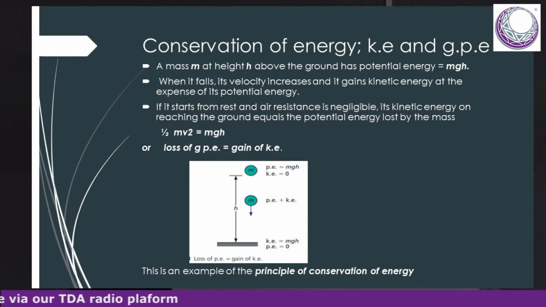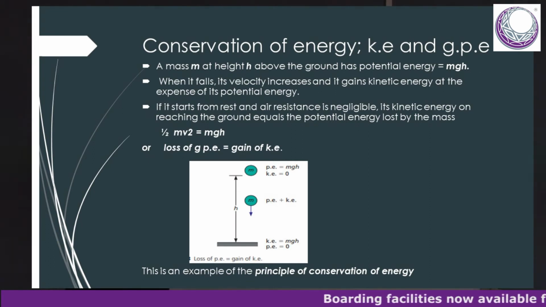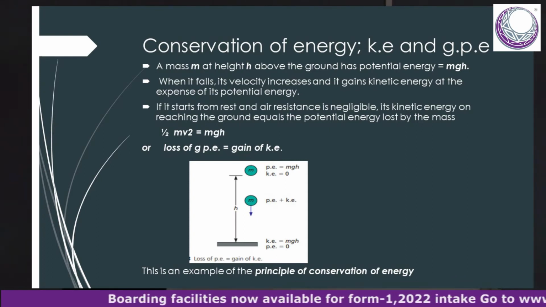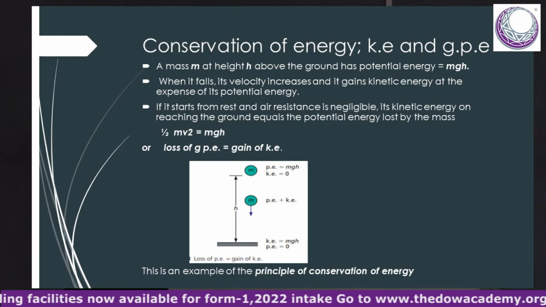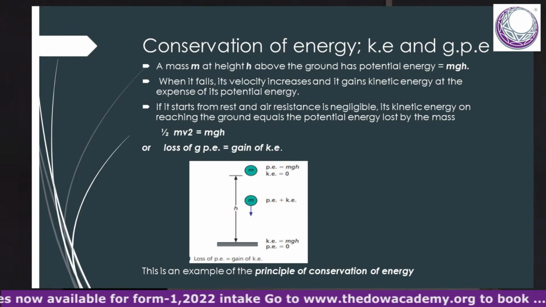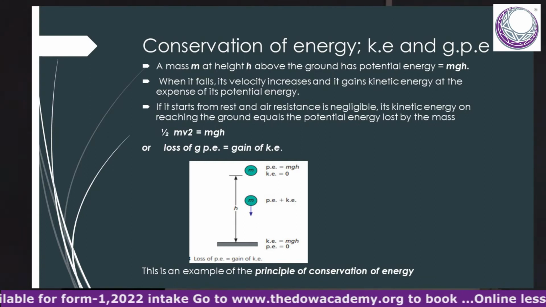Our object continues to fall to the ground here. On hitting the ground, on resting on the ground, it no longer has GPE. The GPE is indicated 0 here. It only has KE, kinetic energy. And that KE now has a value equal to the GPE which it had up here.